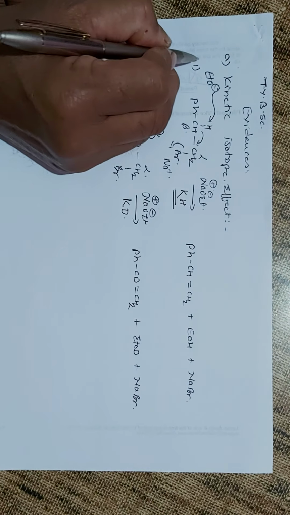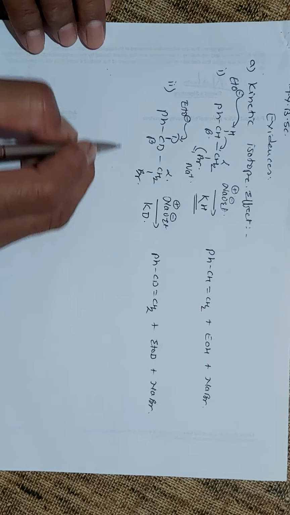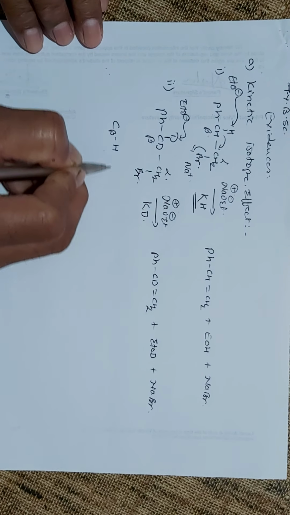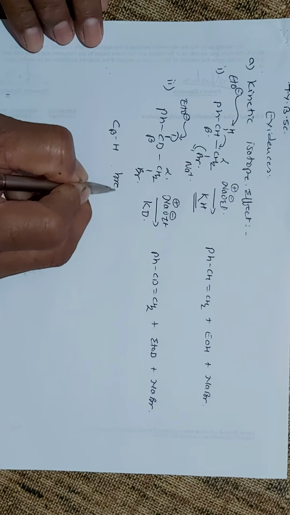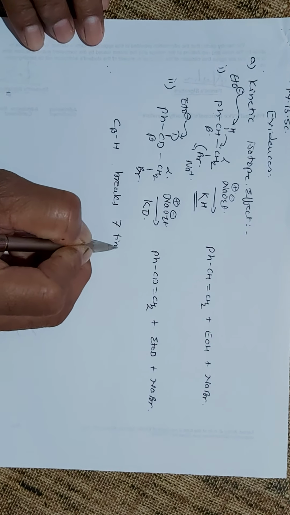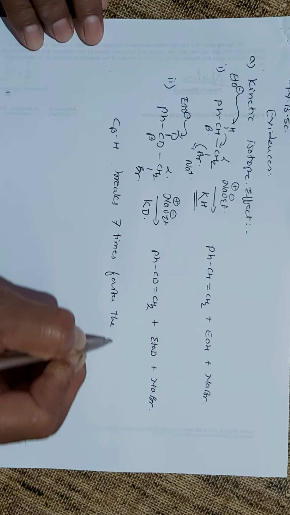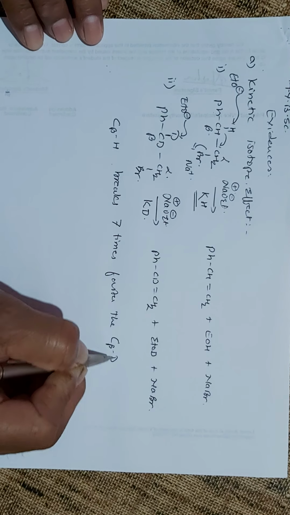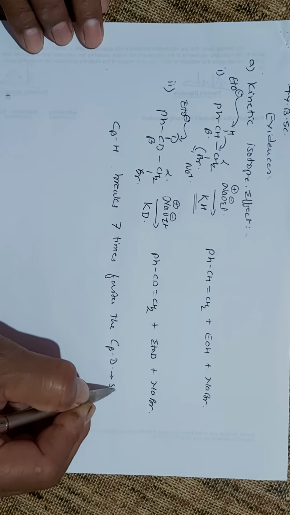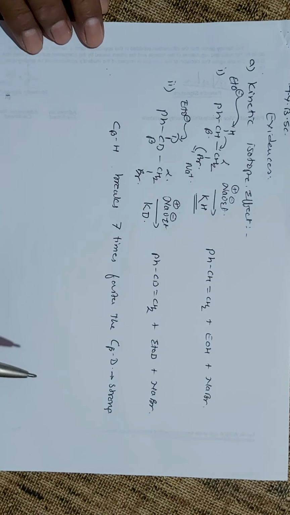Means here the first reaction is taking place 7 times faster. Means the C beta hydrogen bond breaks 7 times faster than the C beta deuterium bond. Means the C-deuterium bond is stronger and needs a high energy of activation to break.